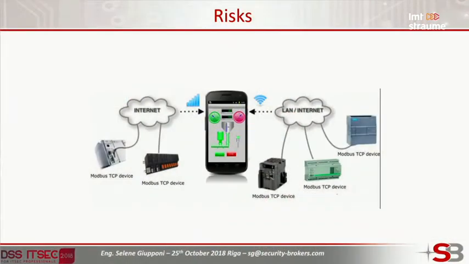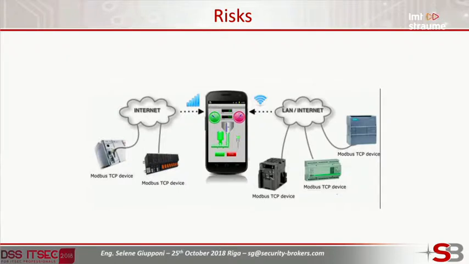So this is why it's so important, for example, to identify something and not connect it with the mobile device, because you have to think the mobile device and SCADA application nowadays can manage, for example, some Modbus TCP device or PLC in a SCADA infrastructure.